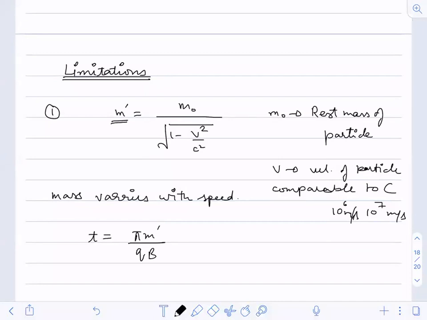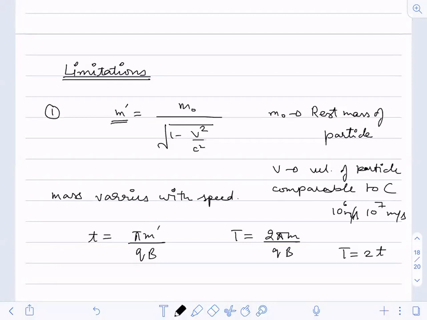See, the oscillator is a different device, so it will have its own frequency and its own oscillation waves. You set it to a particular frequency, and now you cannot change it every time, because the time period is very, very small. If this time is pi m dash divided by qB, and T was 2 pi m by qB, then T is equal to 2t.